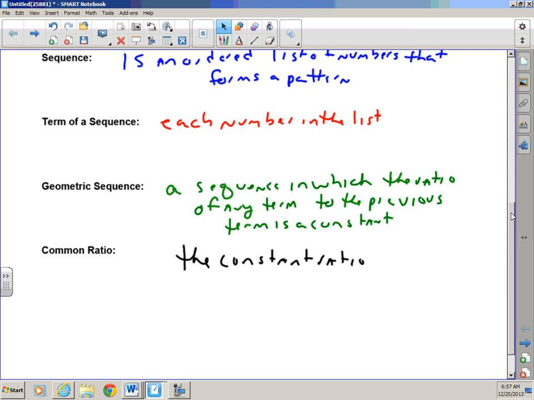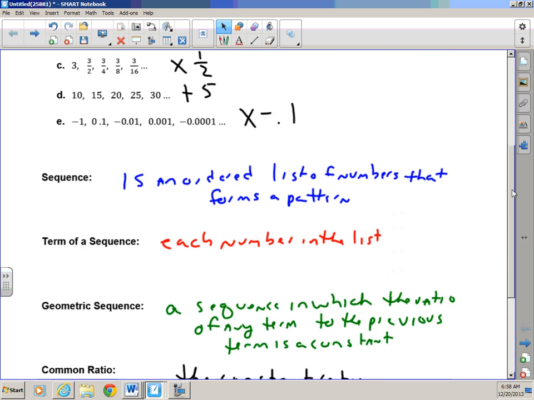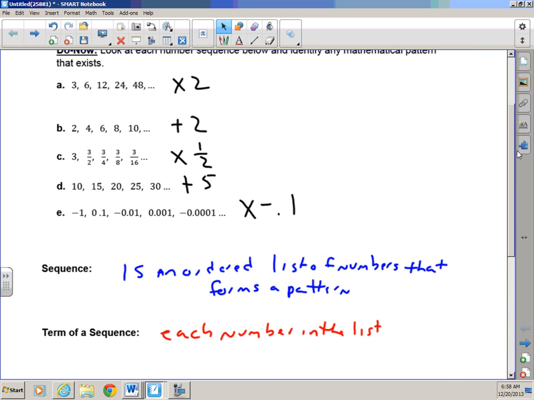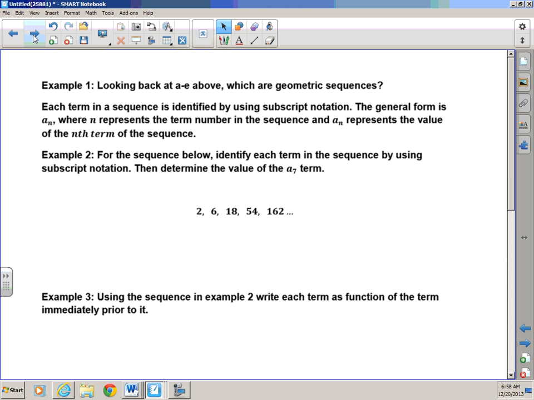So, if we go back to the do now, which of these 5 are geometric sequences? And hopefully you're going to see that it's A, C, and E, because each term is obtained by multiplying the prior term by a constant. Or if I divide 6 by 3, 12 by 6, etc., I get a constant value of 2.